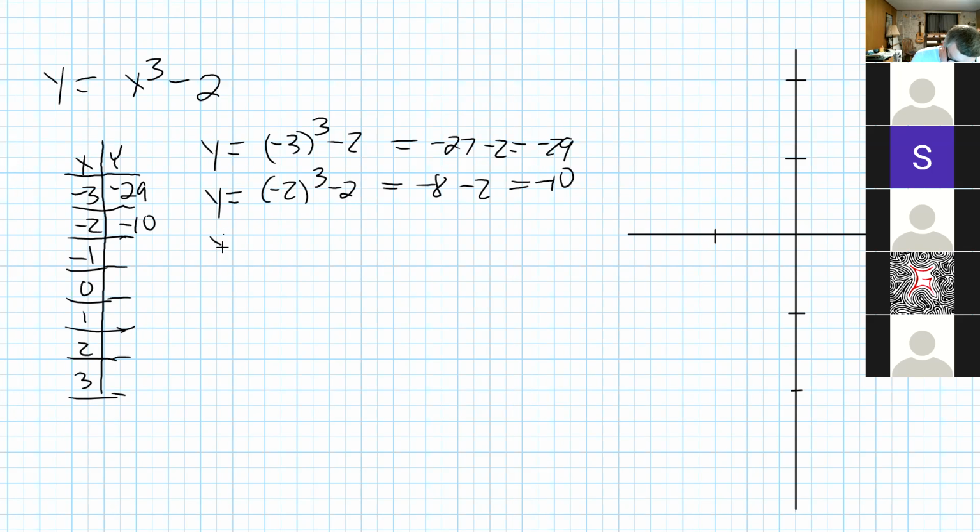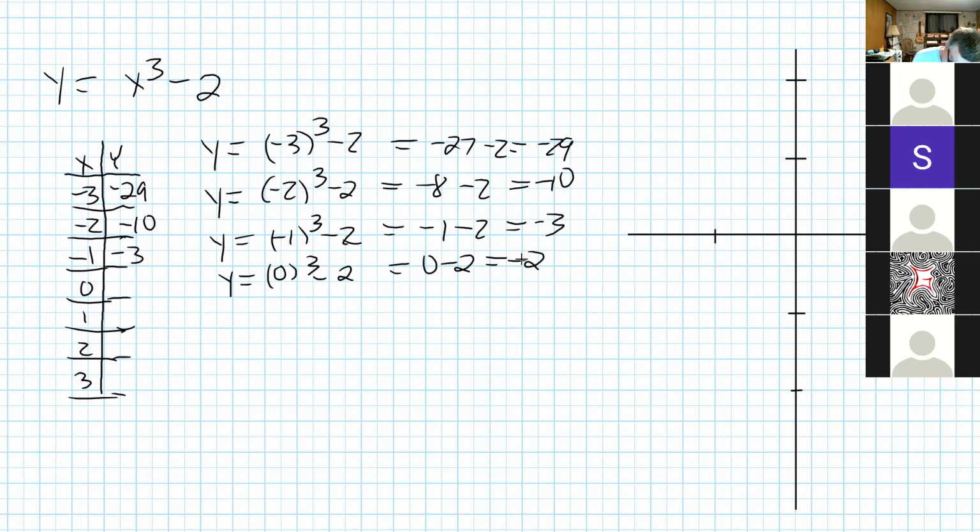If x equals -1, y equals -1 cubed minus 2, which is -1 minus 2, which is -3. If x is 0, y equals 0 cubed minus 2, which is 0 minus 2, or -2.